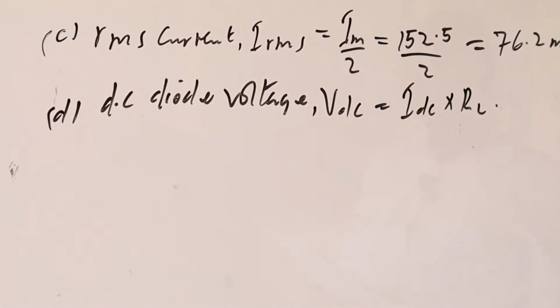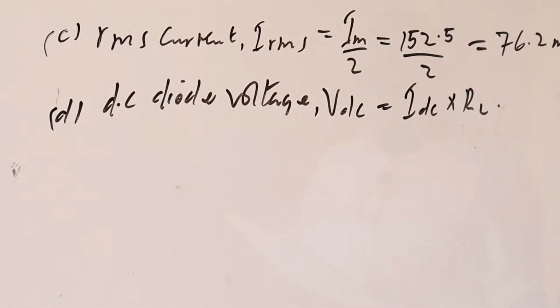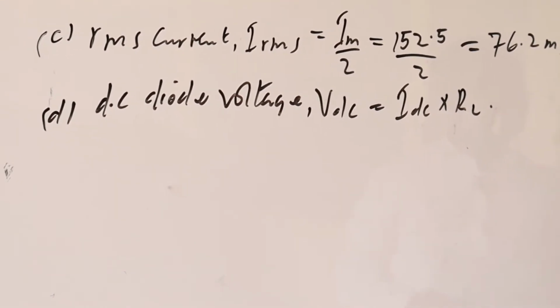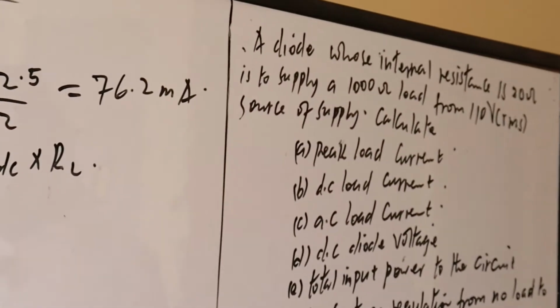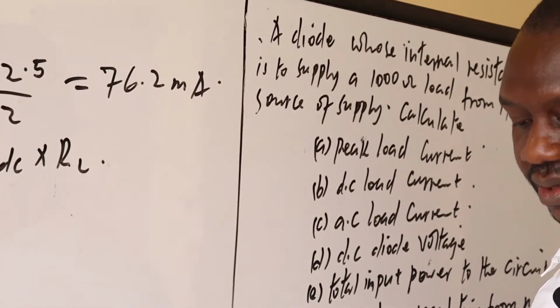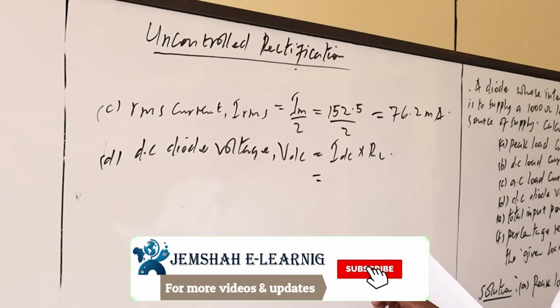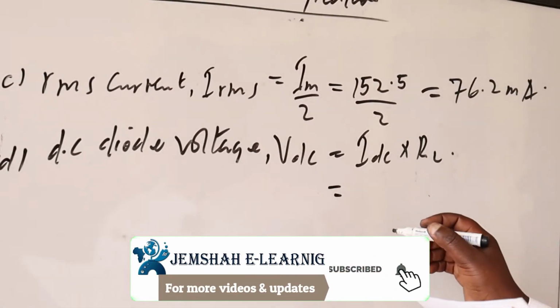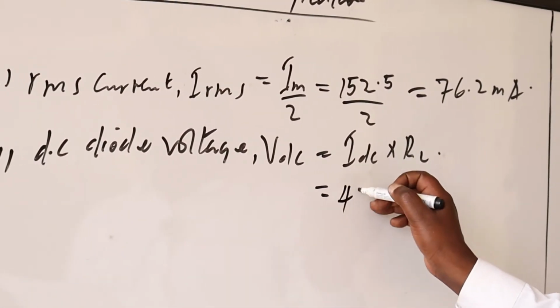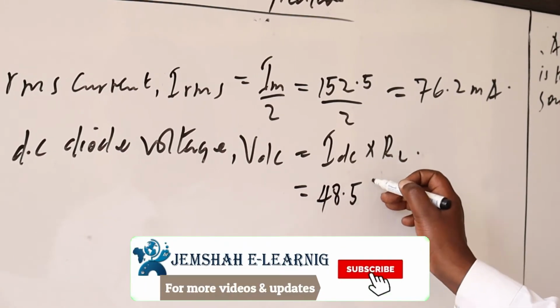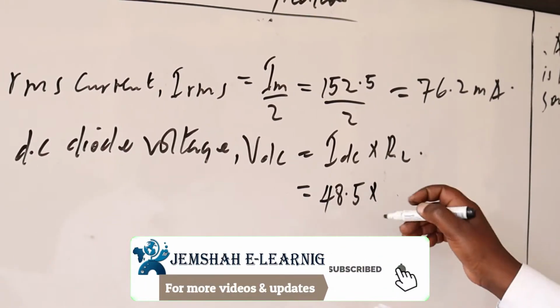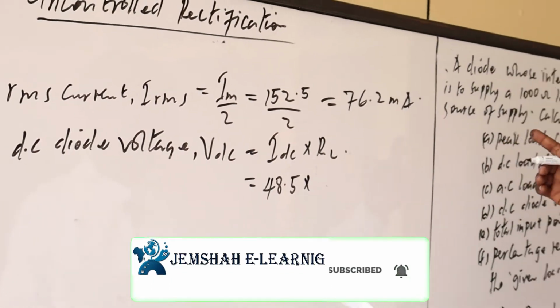RL we were given as 1,000. So we shall have IDC, which is 48.5 milliamperes.